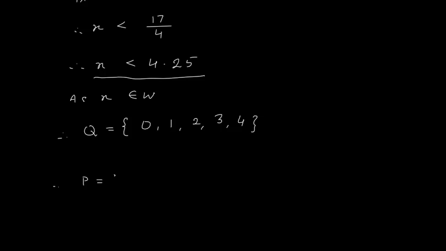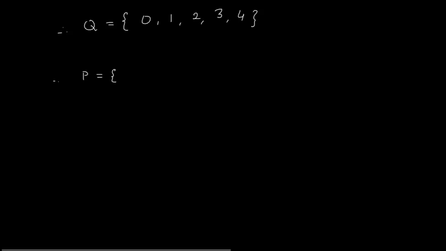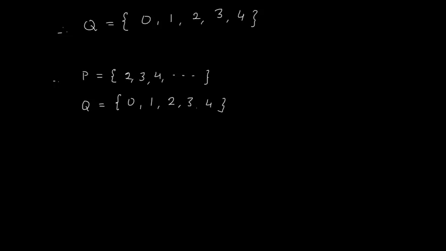P is 2, 3, 4, 5 like that, and Q is 0, 1, 2, 3, 4. Now first we have to find P intersection Q, that means the common elements. Now 2 is common, so we write 2. Similarly 3 is common and 4 is common. So this is P intersection Q.